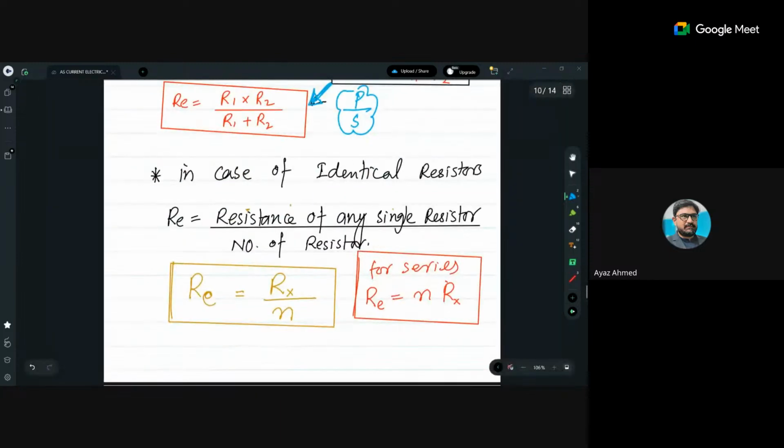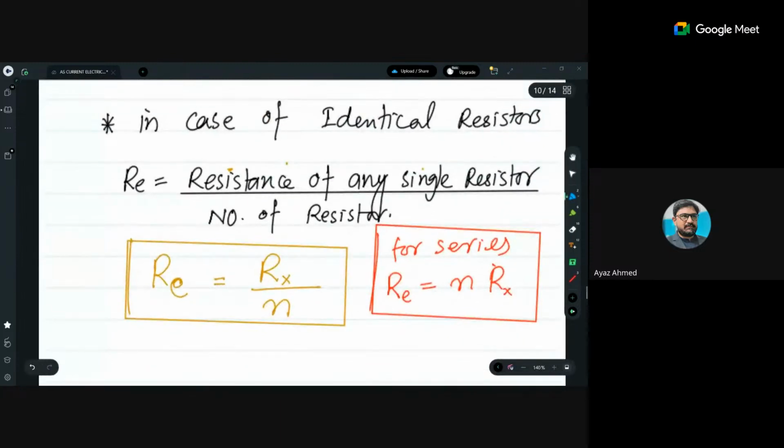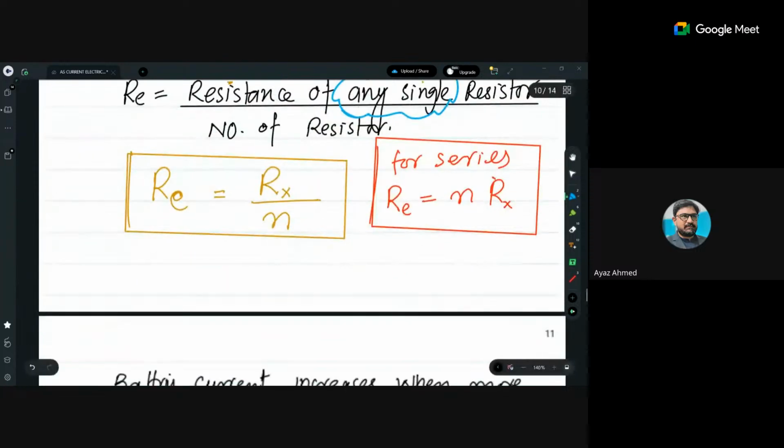In case of identical resistors, the equivalent resistance in parallel combination will be the resistance of any single resistor divided by the number of resistors. In series, n was multiplied.